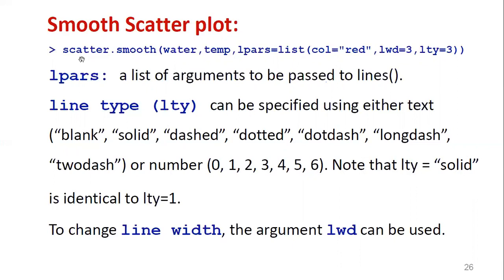Observe this syntax: scatter.smooth(water, temperature, lpars = list(...)). lpars is a list consisting of various arguments to be passed to the lines.